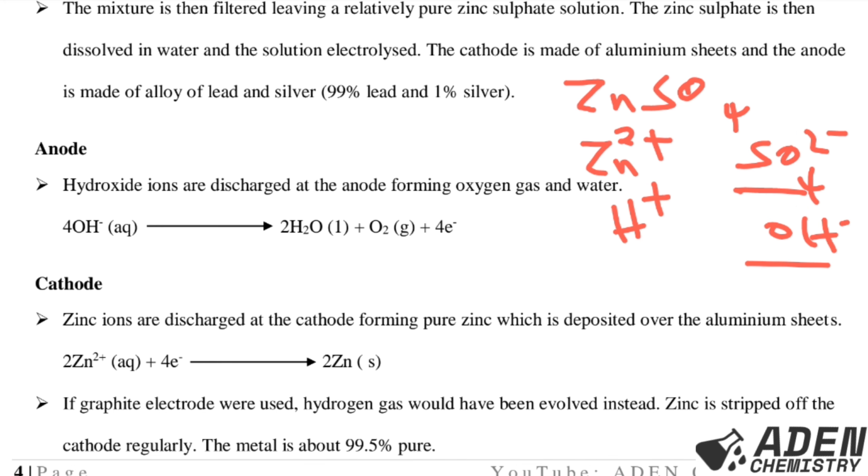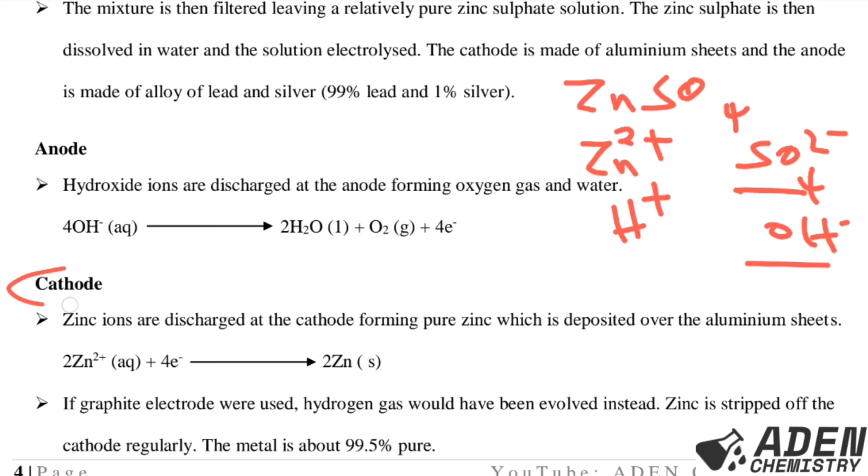But which one of them will be preferentially discharged at the anode? We are saying hydroxyl ions are discharged at the anode, forming oxygen gas and water. So the equation will be 4 moles of hydroxyl ions in solution losing 4 electrons to form 2 moles of water, which is liquid, and also 1 mole of oxygen gas.